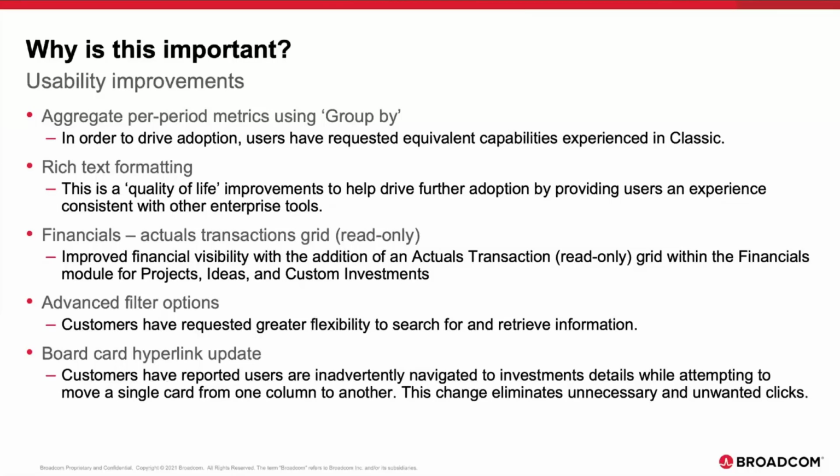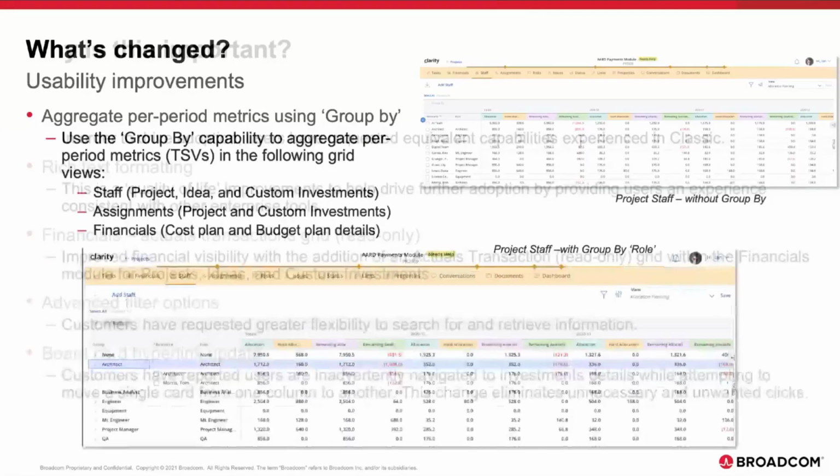And lastly, on the board card link, customers reported that their users were inadvertently navigating to the investment details while simply trying to move or review a card from one column to another, for example. And so obviously it was creating some angst. So this change eliminates those unnecessary and unwanted clicks.